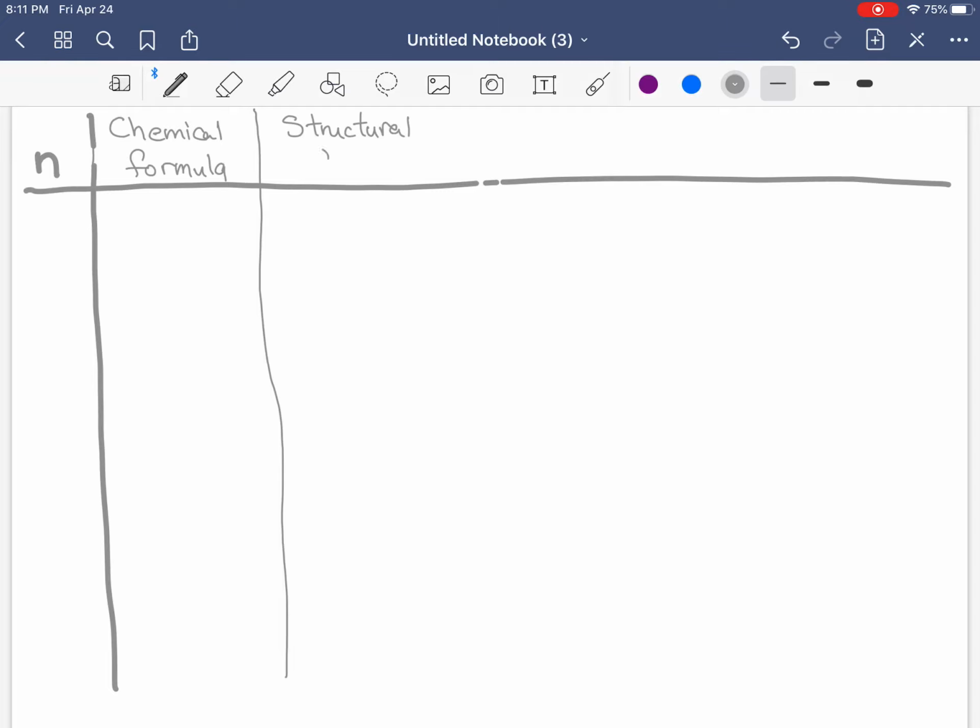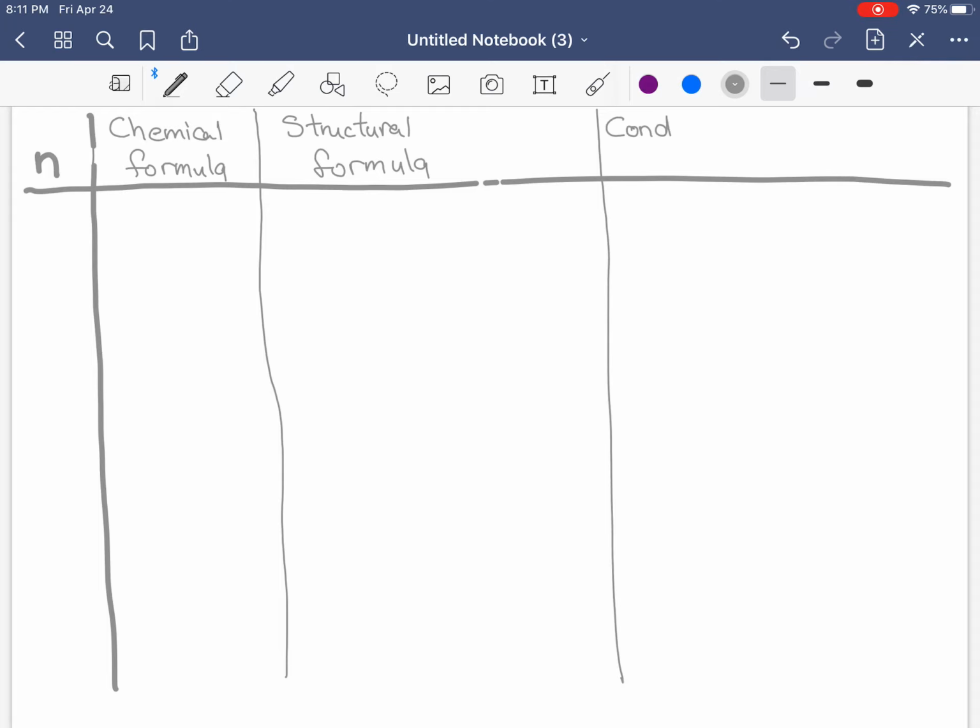So chemical formula, we have structural formula. Now there's different ways of doing structural formula, but I'll just look at it like, let's say, one proper way. Okay, it's a more annoying way. I think your book has it a little easier. And then I have this one.